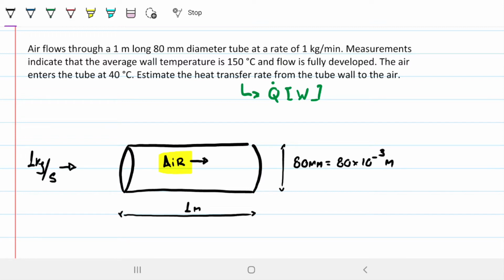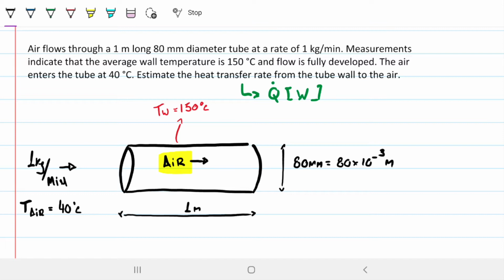And this air is coming at 1 kilogram per minute, not per second, per minute. We know that the wall is at 150, so T wall or Ts is 150 degrees Celsius, and that the temperature of the air on the inlet is 40 degrees Celsius.